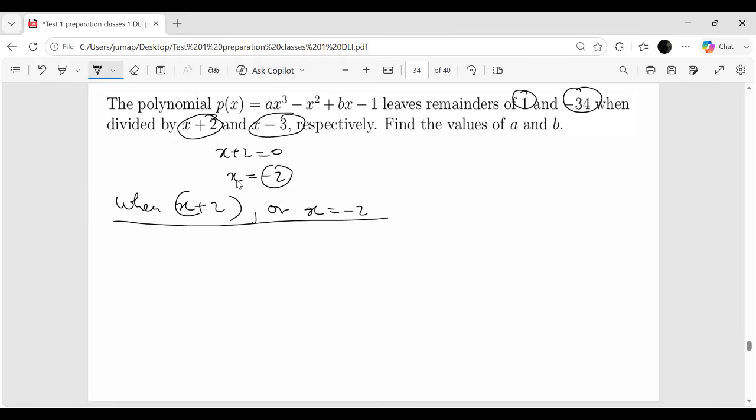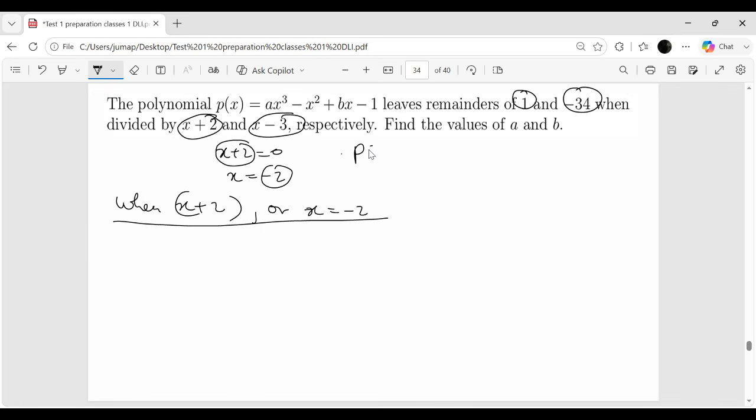Sir, kindly repeat. Oh, okay. So the remainder theorem states that when you have a function and it is being divided by a factor, this factor leaves a remainder, and this factor which leaves a remainder is x plus 2. So you find just the value of x, which is x is equal to negative 2.